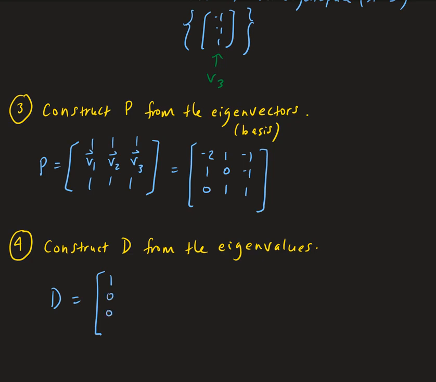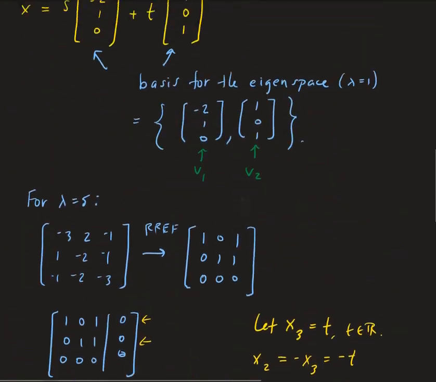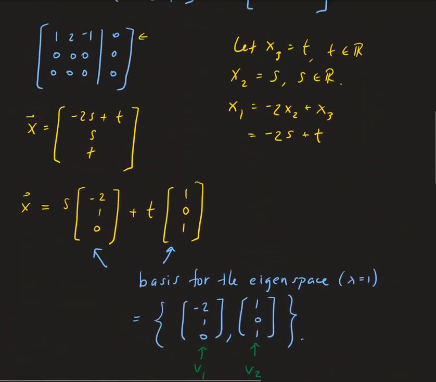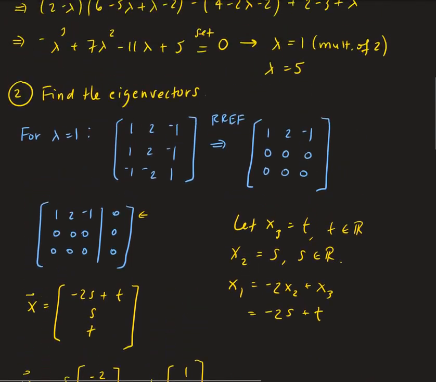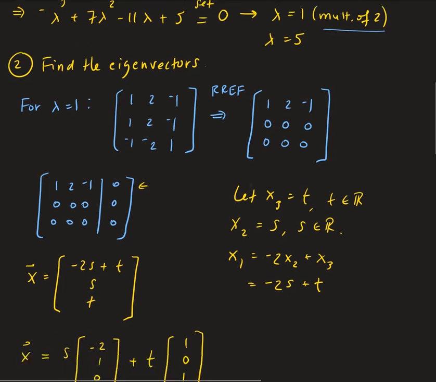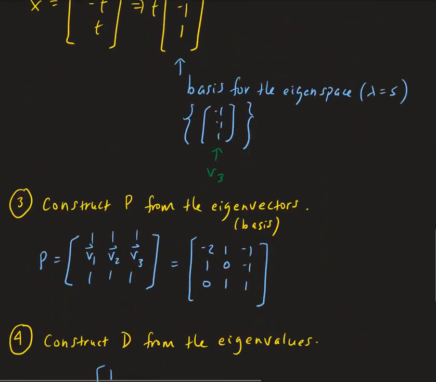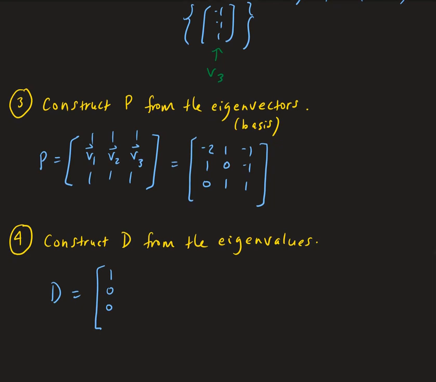Since we're dealing with 3 by 3, D is going to be a 3 by 3 matrix. Remember that lambda equals 1 was a double root, with multiplicity of 2, so we have to write it down twice. Then we put the other eigenvalue here.